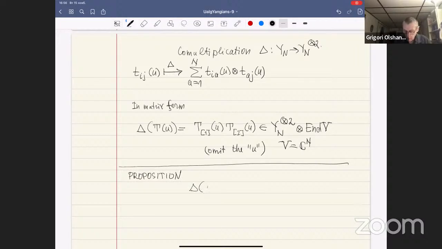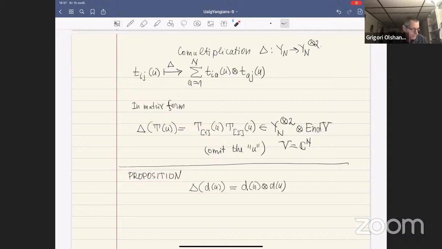If we apply the coproduct to our quantum determinant, we simply get this. In this sense, as I already mentioned previously, the quantum determinant can be viewed, a little non-rigorously, as a group-like element in the Hopf algebra. Of course, it's not an element of the Hopf algebra, it's a generating series. But nevertheless, it's quite correct to say this is group-like.